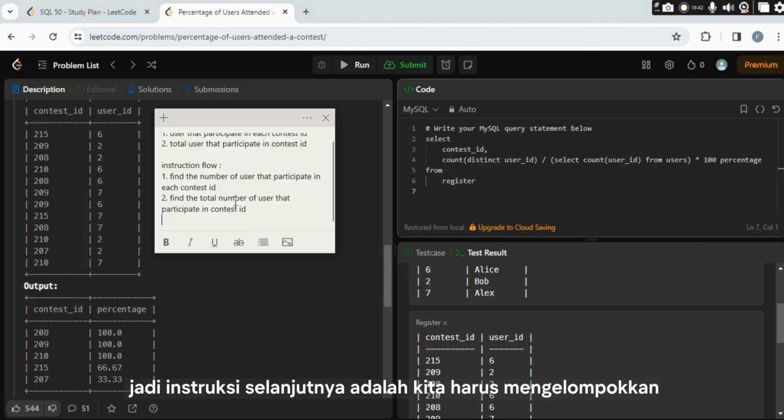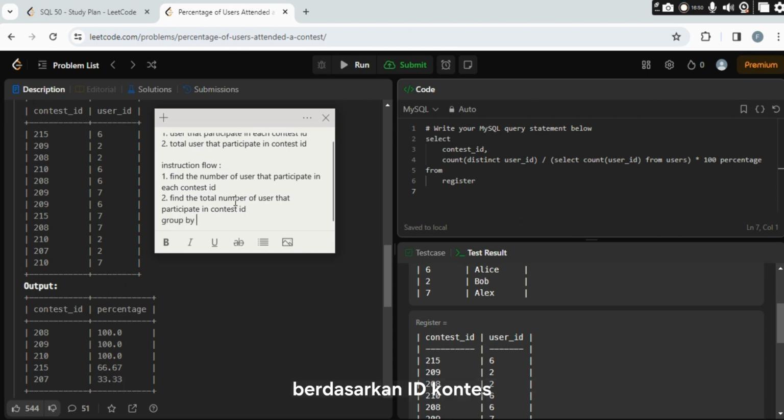The next instruction is to group by contest ID.